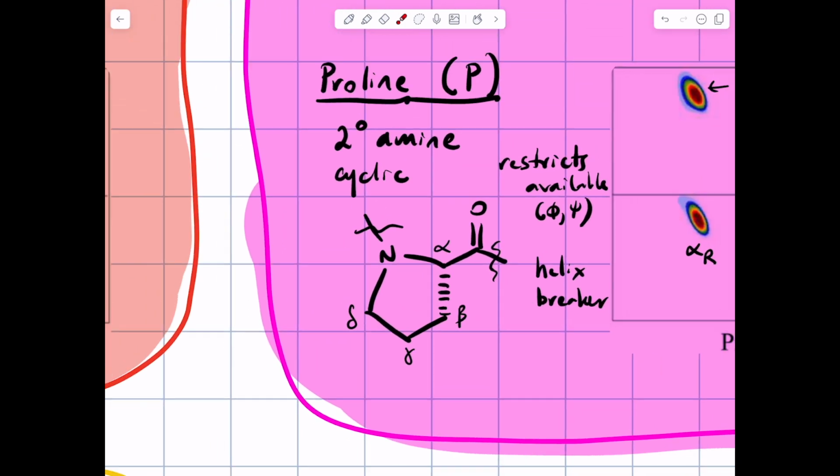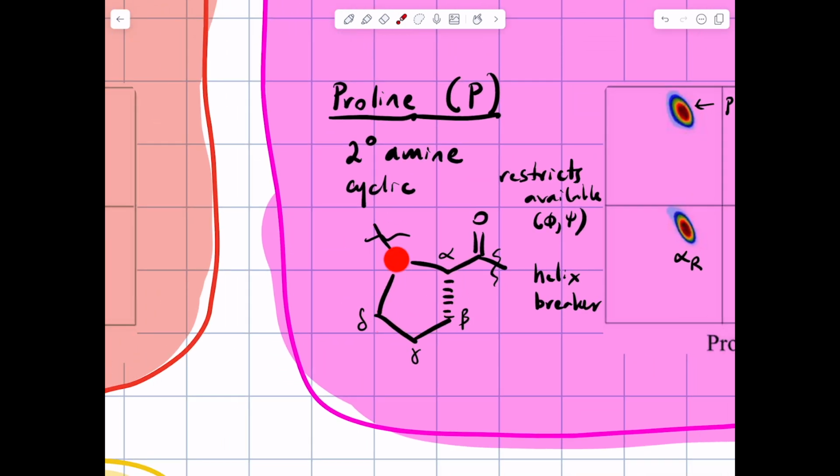The fact that you've got a ring here, remember, rotation around the bond between N and the alpha carbon is dihedral angle phi. Rotation around the bond between the alpha carbon and the carbonyl carbon is dihedral angle psi.